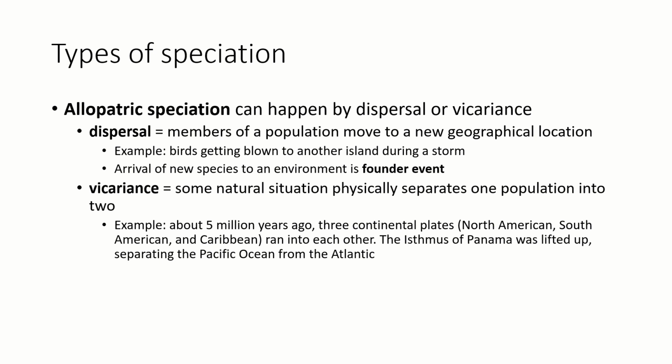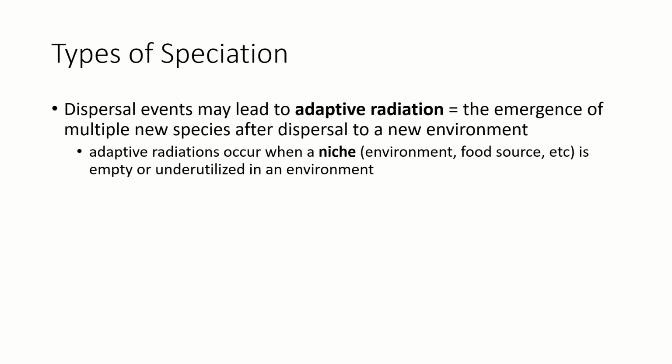That collision of those continental plates raised up the Isthmus of Panama, creating a physical connection between North and South America and separating the Pacific Ocean from what we now call the Gulf of Mexico. That separated populations of sea animals on either side of that physical barrier. So that is an example of vicariance.